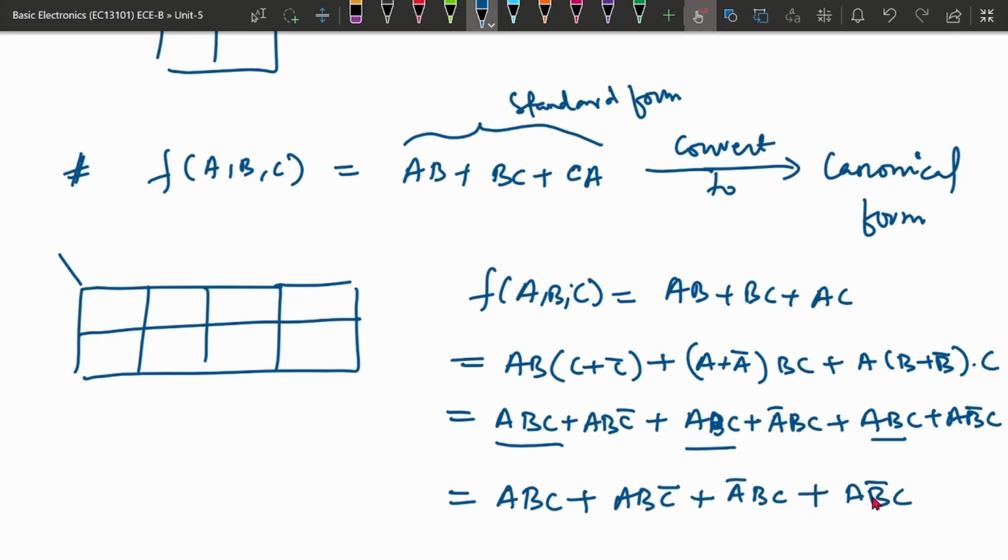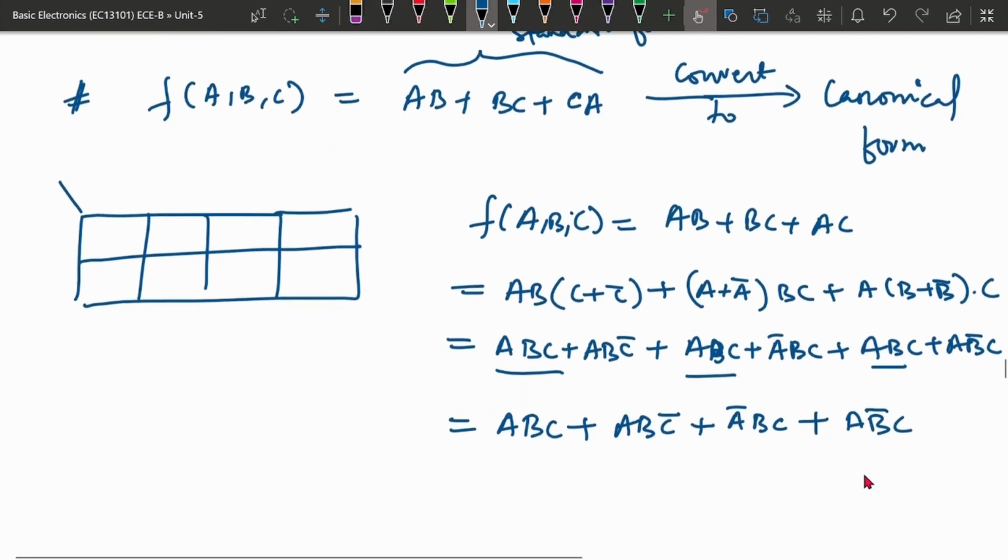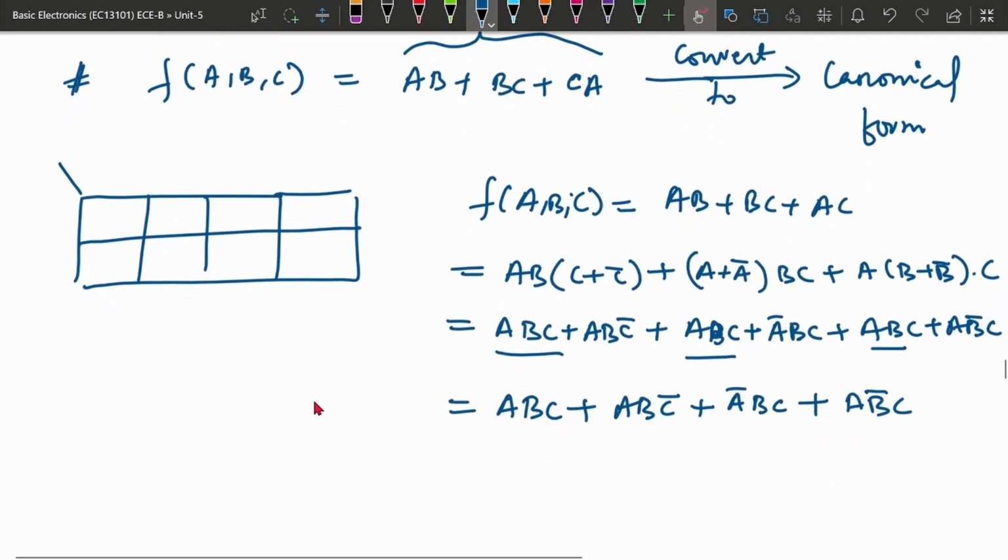Now you can see the function is written in different min terms, each constituting all three variables. So now it is in canonical form.